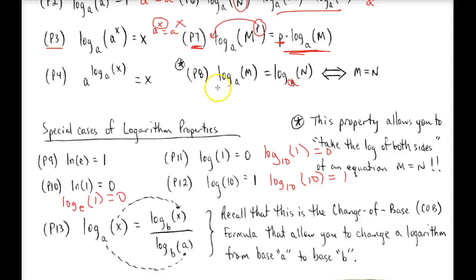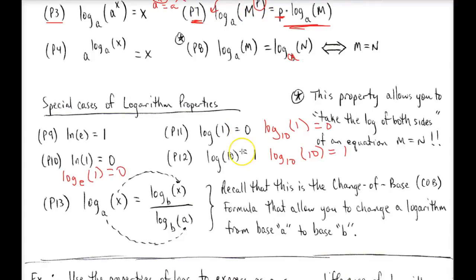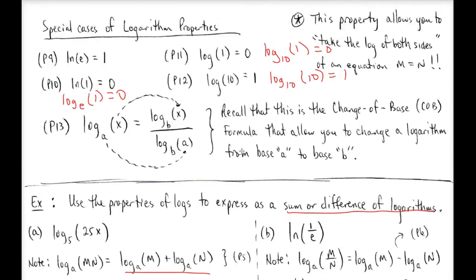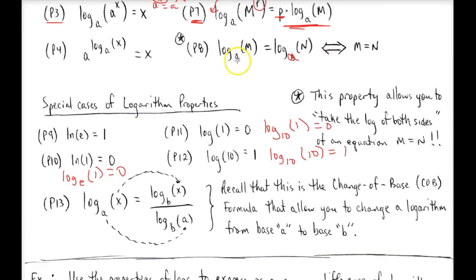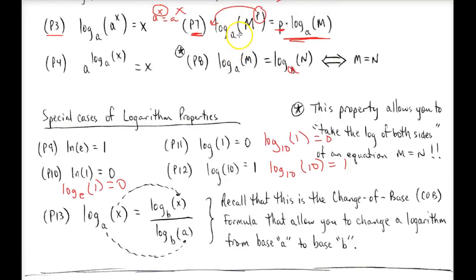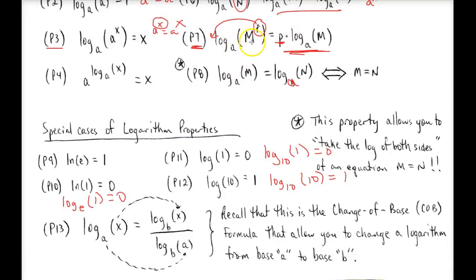Property number 7 tells us that if we have log base a of something raised to a power, we can take that power and pull it out. It doesn't matter whether the base of the logarithm and the base of the exponent inside are the same or not.